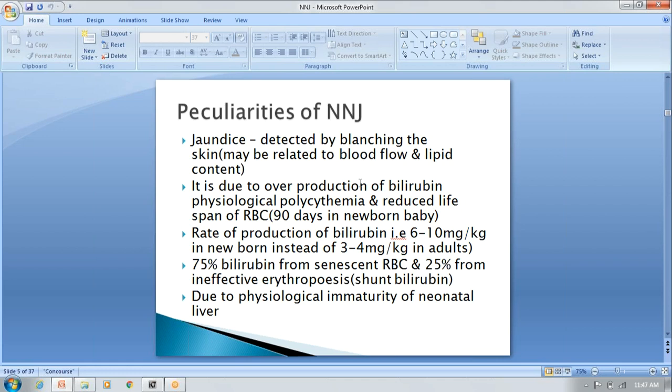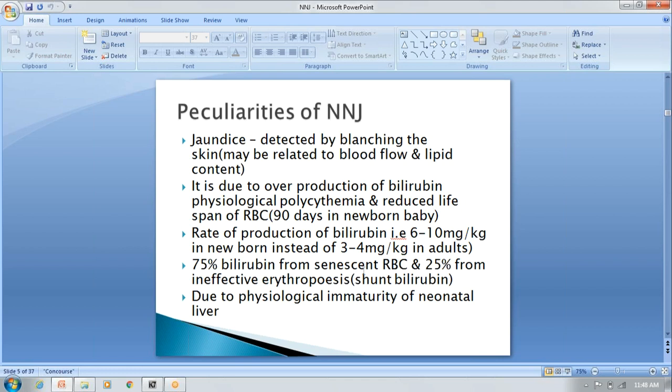The third one is that the rate of production of bilirubin is more in a newborn, like 6 to 8, 10 milligrams per kg, whereas in adults it is 3 to 4 milligrams per kg. Next, 85% of the bilirubin comes from senescent RBC, and 15% from ineffective erythropoiesis, what you call the shunt bilirubin.